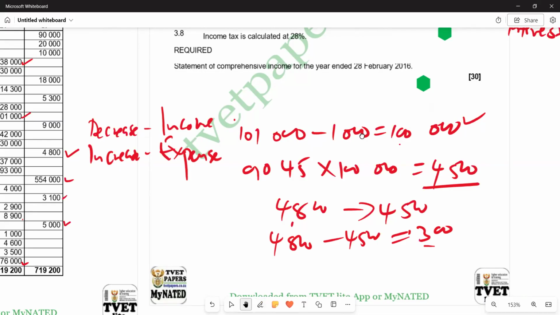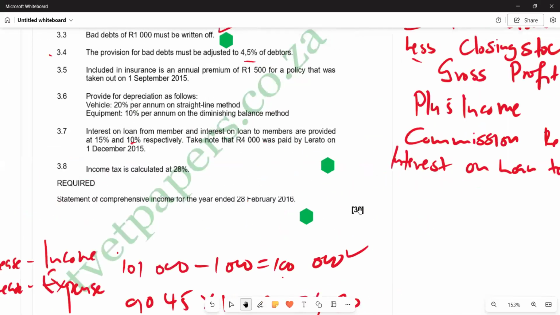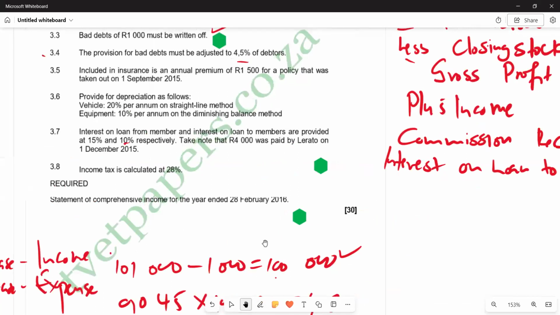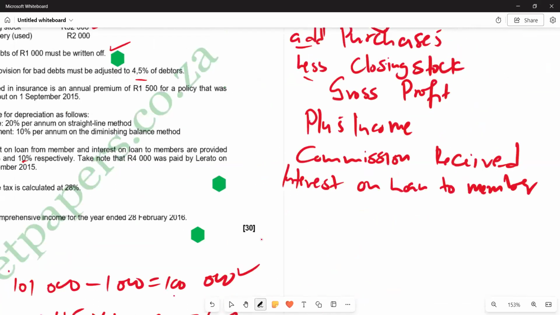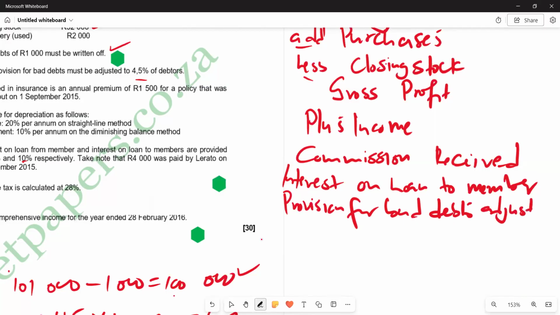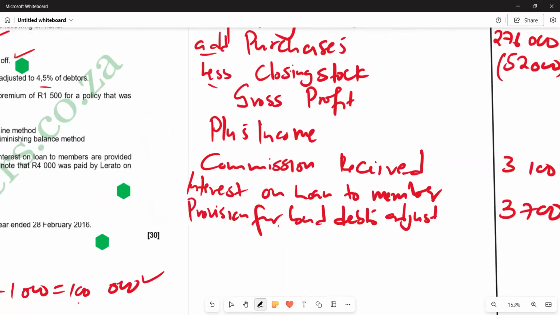So we go to our answer section, and we are saying we have got provision for bad debts adjustment.